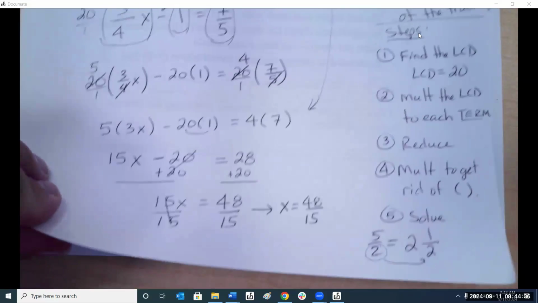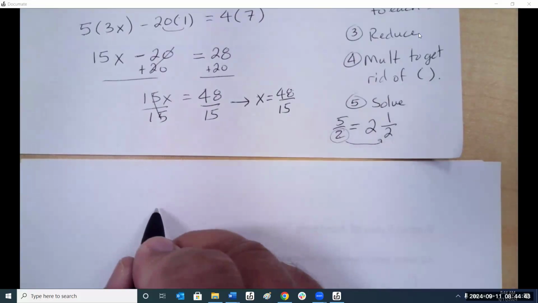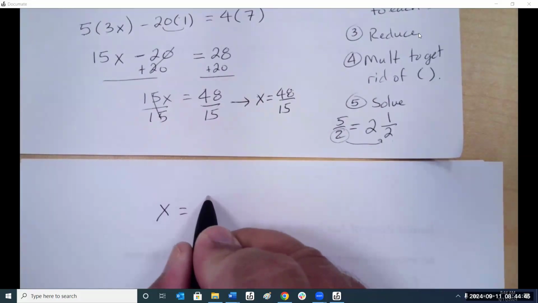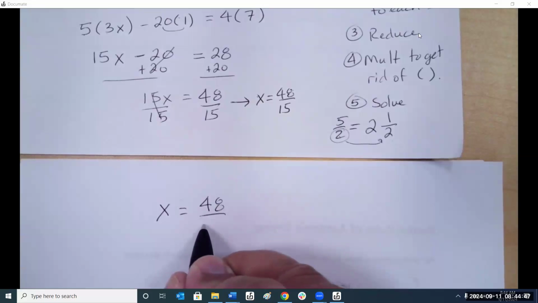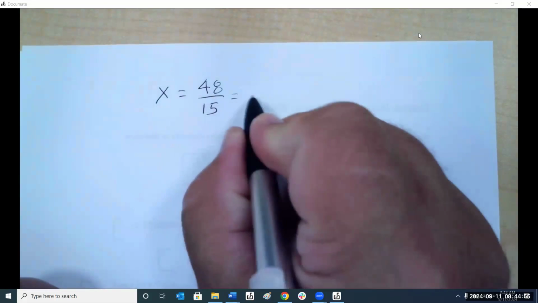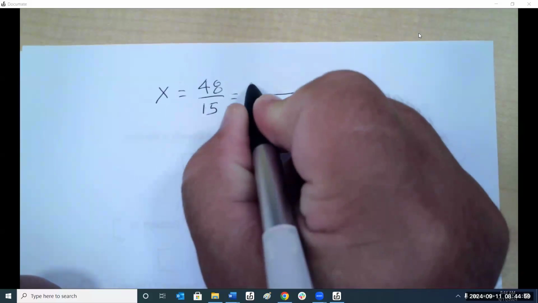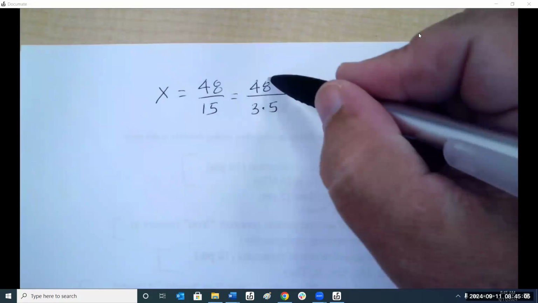So what we have to do here is, before we look at that, can they simplify? 15 is made up of 3 times 5. Can 5 go into 48?